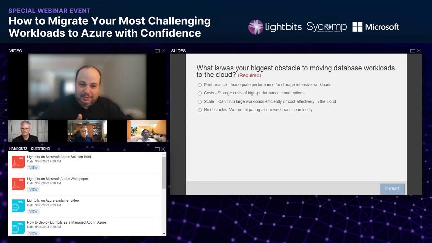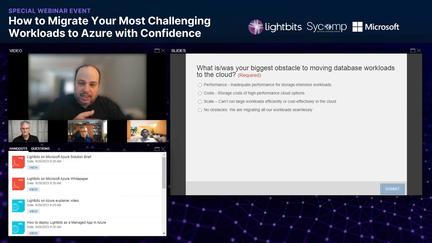But at some point, this company made a global decision to migrate to the public cloud. That's where they started to be concerned about what to do with this very storage-heavy workload that requires this level of performance. Because they were aware that they could run Lightbits on the public cloud as well, they decided to check it, and they realized they get the same user experience they had on-prem, but now in the public cloud.